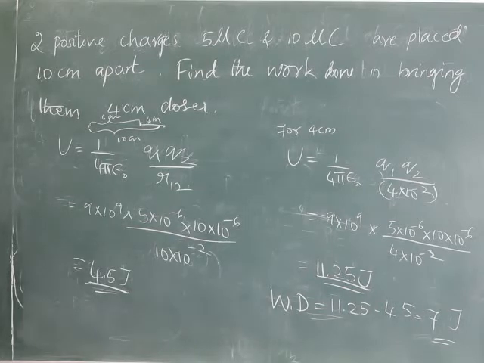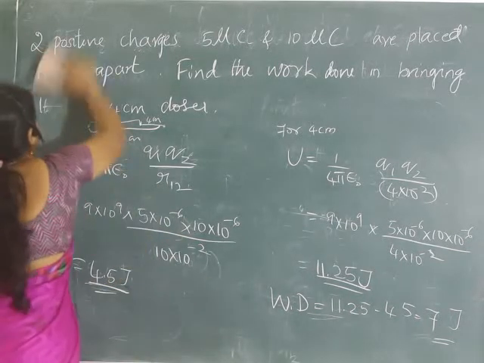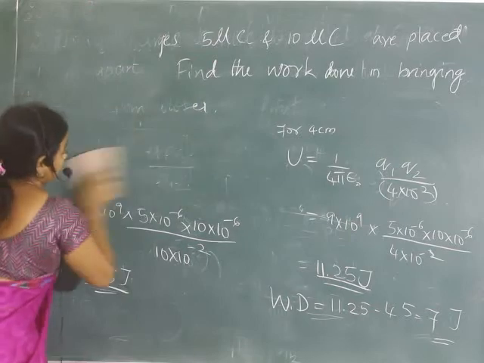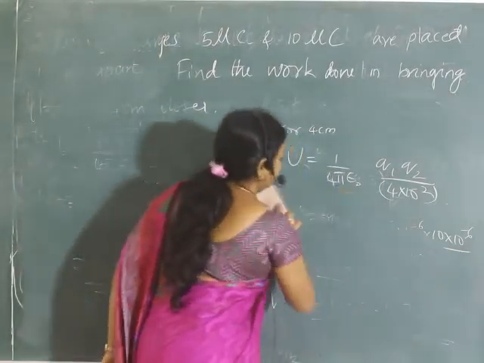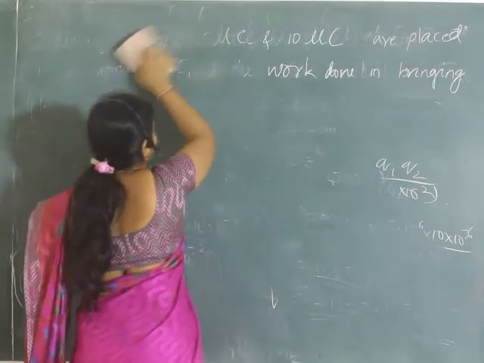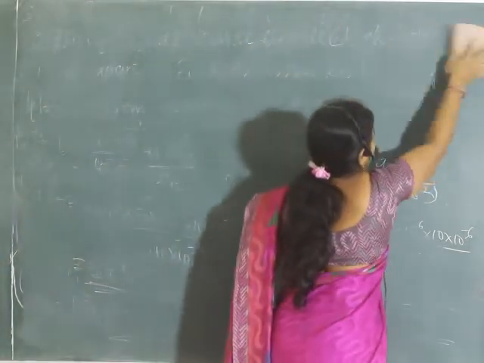Next, we will do one small derivation, that is expression for potential energy. We used to solve the derivation for potential energies itself in this chapter, correct?